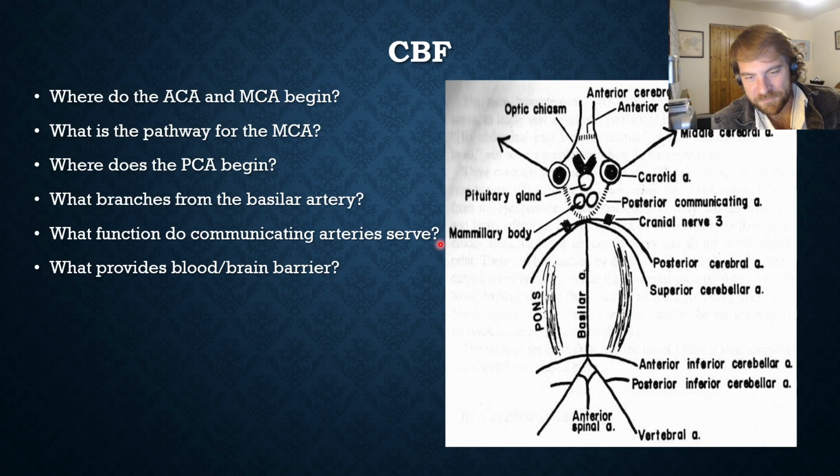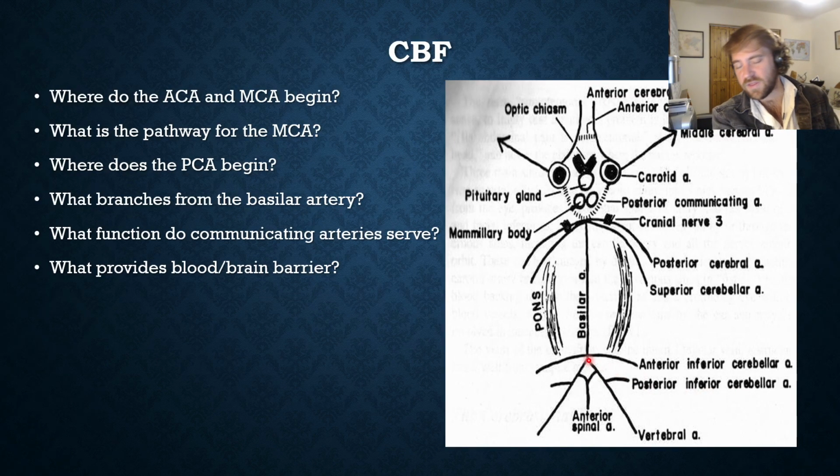Okay, so we've got blood flowing in mostly here from these two vertebral arteries and this anterior spinal artery. They're all going to come together. They're going to anastomose around here. And so right before they come together, you've got some cerebellar arteries coming off the posterior cerebellar artery.